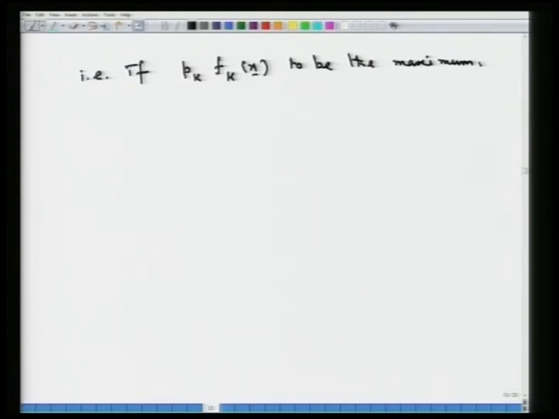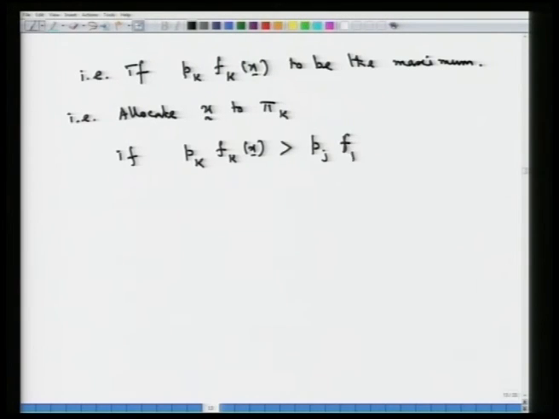So, if we have got this to be the maximum, we are essentially looking at this rule that we are going to allocate x to pi_k if we have got this p_k f_k to be the maximum. That is, if p_k times f_k(x) is greater than p_j times f_j(x) for every j equal to 1 up to c with j not equal to k.